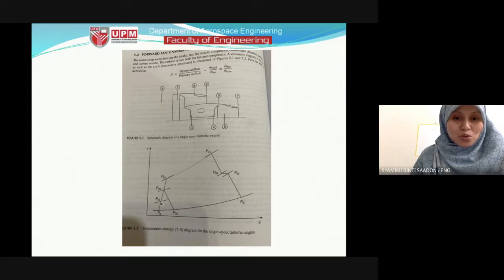Then 2 to 3 is the compressor, the same as the turbojet engine. 3 to 4 is the combustion chamber, 4 to 5 a turbine, and 5 to 6 depends on whether you have an afterburner or not. Then 6 to 7 is the exhaust nozzle.